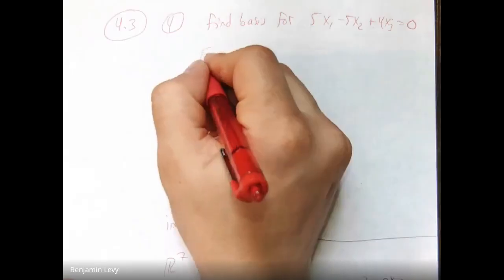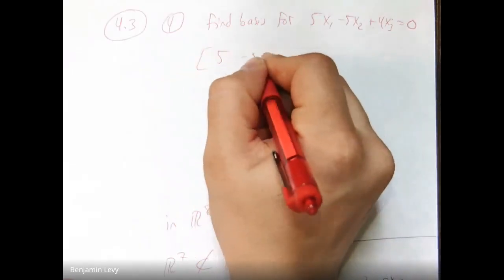I'm not actually sure why we wrote this one down. Now that I think about it, wouldn't you just do what it says and make it a system of equations, with 5, -5, 4 in an augmented matrix with 0, and then solve?